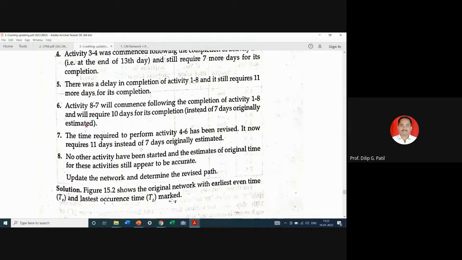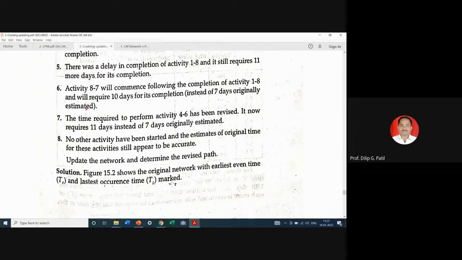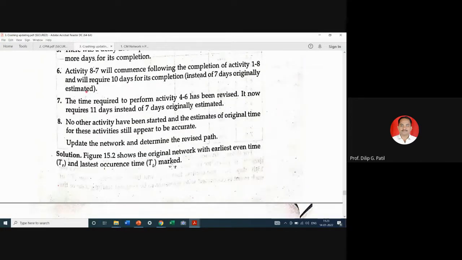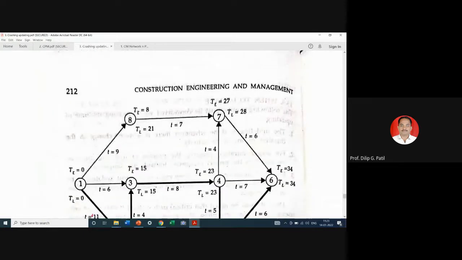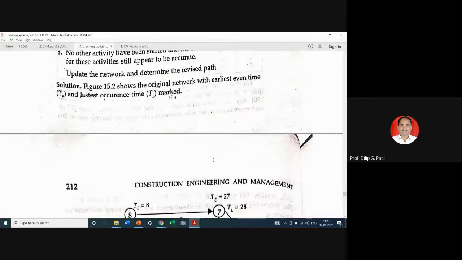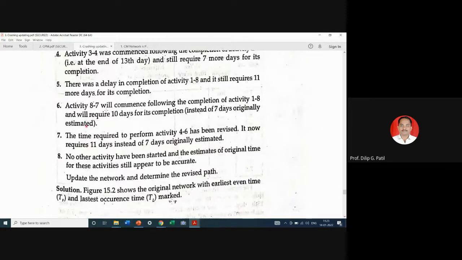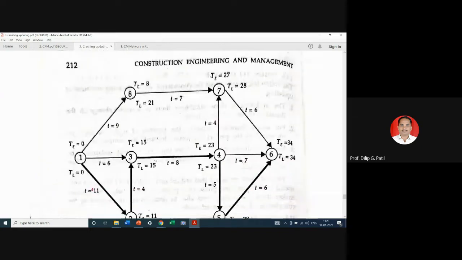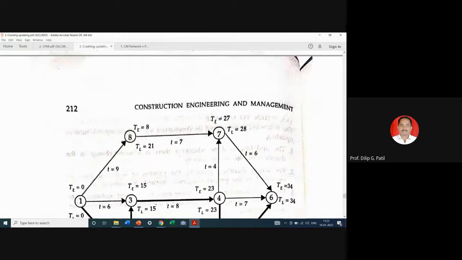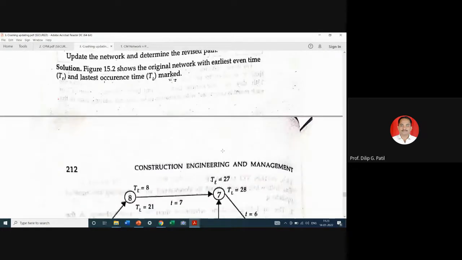It now requires 11 days instead of 7 days originally estimated. म्हणजेच काय झालेलं आहे बघा, 4-6 चा टाइम रिवाइज झालेला आहे, 7 च्या ऐवजी 11 लागणार आहेत. 4-7 कुठे आहे इथं? इथं 7 होतं पहिल्या नेटवर्क मध्ये, त्याच्या ऐवजी किती लागणार आहेत आपल्याला आता? 11.